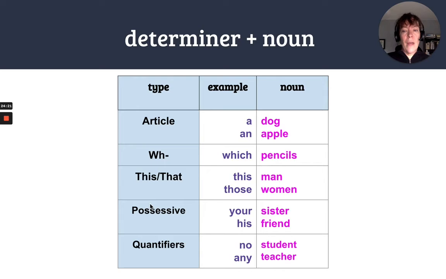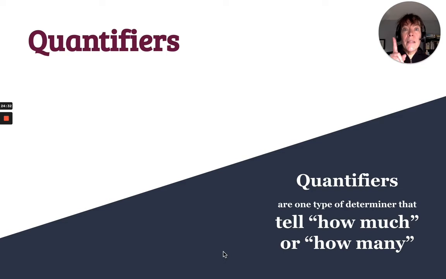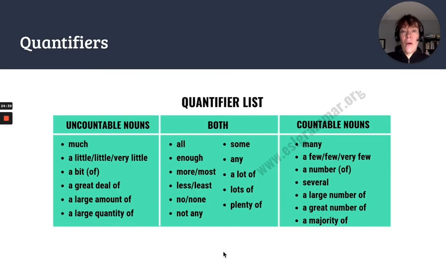Articles we're done with. Now we're going to talk about quantifiers. Notice a quantifier tells you how many. So these are quantifiers. They are one type of determiner. They tell you how much or how many. Now, uncountable nouns take these.